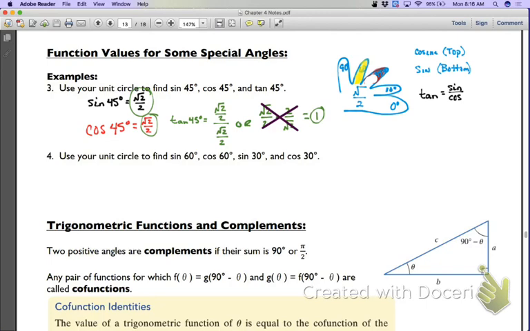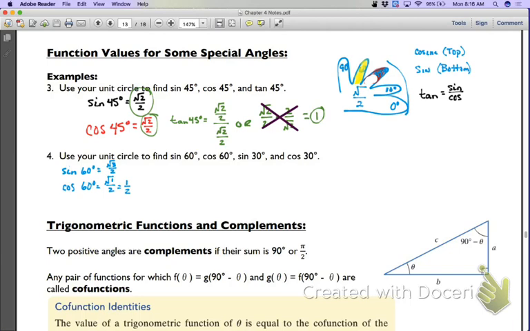So sine of 60 degrees and cosine of 60 degrees. What are my two values? Square root of 1 over 2 is going to be my cosine, which is really just 1/2. Sine is the bottom 3 fingers, so these 3 here. So the square root of 3 over 2.